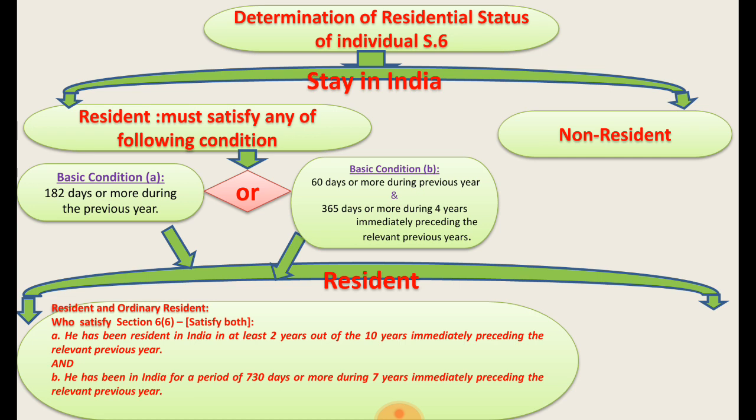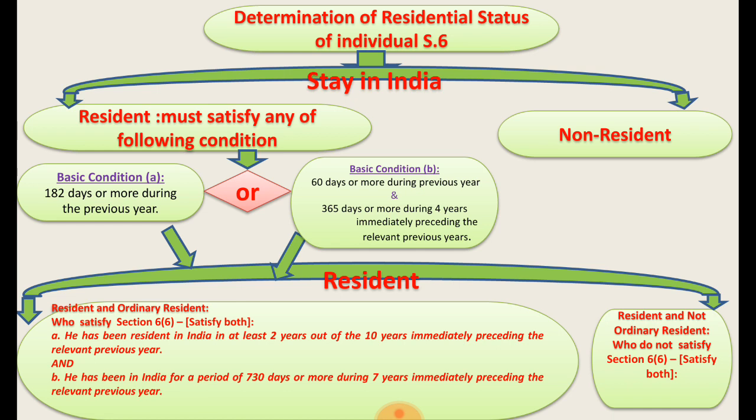So if a resident of India, whether he is a resident by fulfillment of basic condition A or B, fulfills the two conditions under section 6 clause 6, then that person will be called a resident and ordinary resident of India. And then who is a resident and not ordinary resident of India?